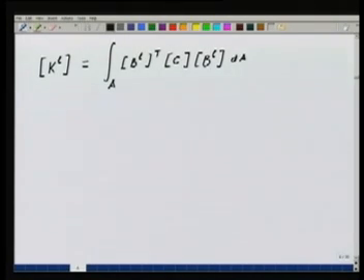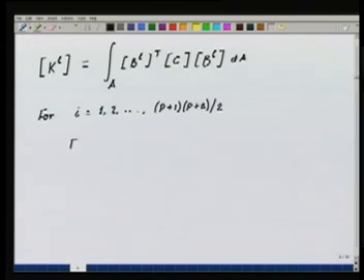Okay, what will happen to the load vector? The load vector will be, for I is equal to 1 to P plus 1 into P plus 2 divided by 2, I will have F from the element to I minus 1, that is, it corresponds to the choice W is equal to phi I, phi big I, 0.